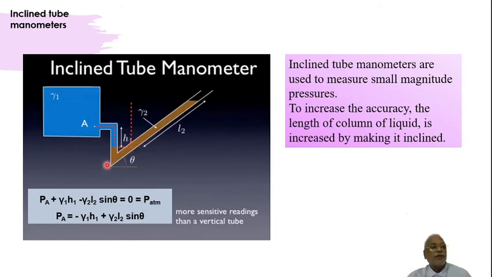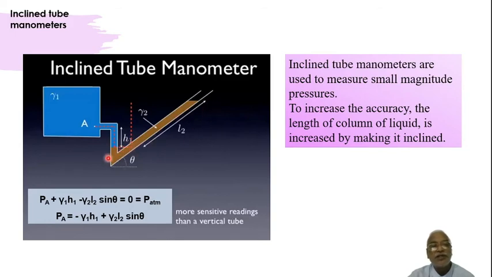Next is the inclined tube manometer. Inclined. Look at the shape. Now if there is a vertical tube in this, the height would have been, look at this level, from this to this. If I call it H2, that would be the vertical height difference. But suppose this is too small to measure, then the error involved in measurement would be too much, because we have to increase this length.